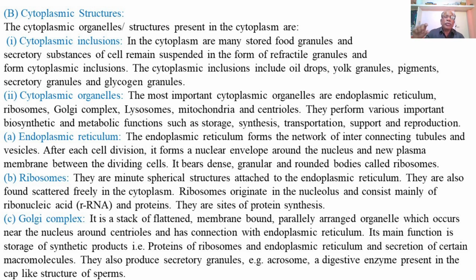So, ribosomes are minute spherical structures found attached to the endoplasmic reticulum to form rough endoplasmic reticulum, and they are also found scattered freely in the cytoplasm. Ribosomes are formed in the nucleolus of the nucleus and consist mainly of rRNA and proteins, that is ribosomal RNA and proteins, and they are the site of protein synthesis.